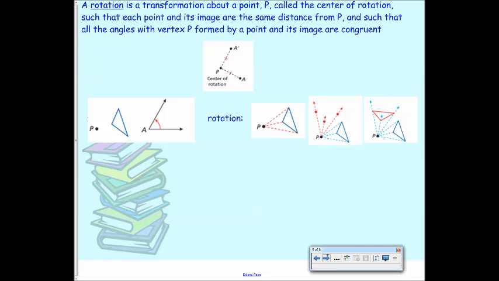All right, so a rotation is a transformation about point P, and P is called the center of rotation. So essentially, you are shifting this shape. In this case, this is a what? All right, it's a triangle. And if we're shifting it around point P, we're going in this direction.